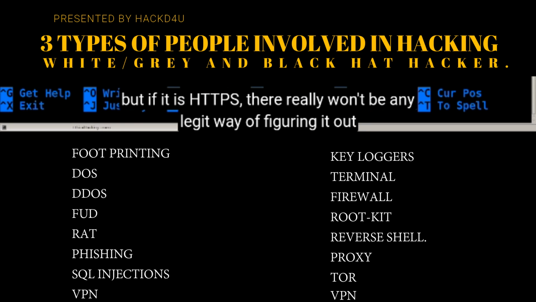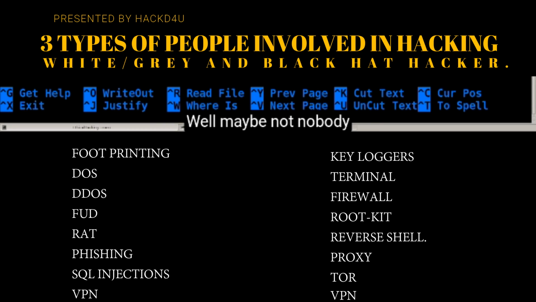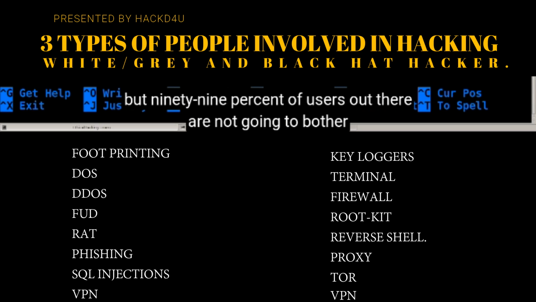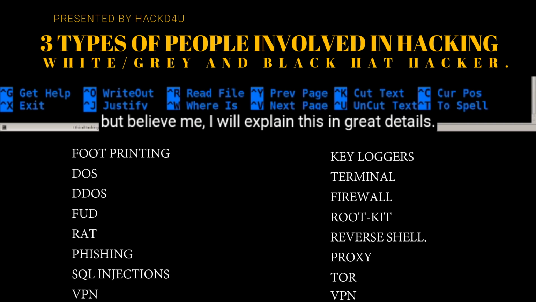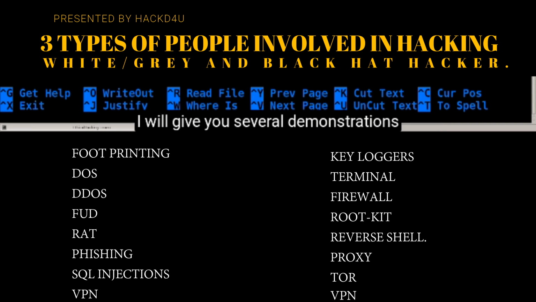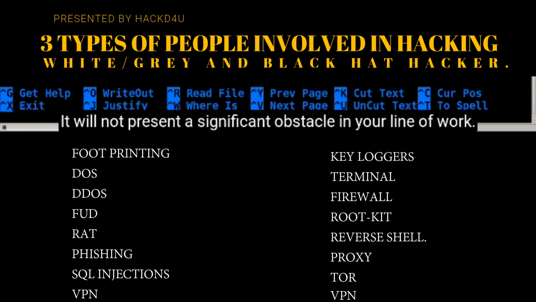But if it is HTTPS, there really wouldn't be any legit way of figuring it out other than actually checking the keys and the certificates, and 99% of users out there are not going to bother conducting such checks. I know it sounds a bit complex, but believe me, I will explain this in great detail. I will give you several demonstrations, and by the end of this course you will know how to do this with great ease. It will not present a significant obstacle in your line of work.